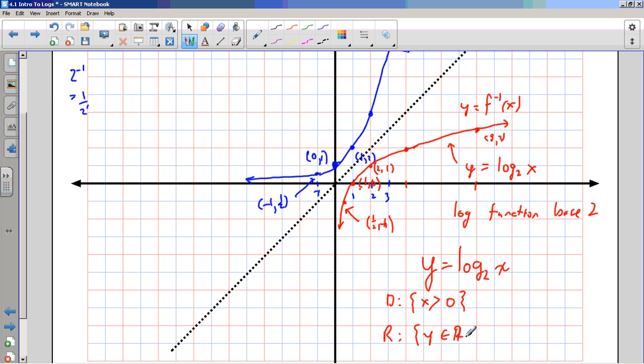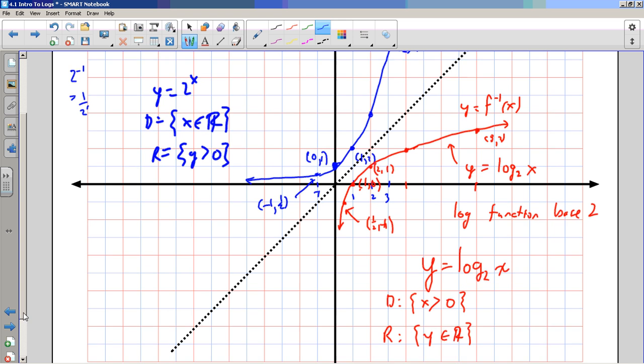It's all real numbers. Well, remember that the domain of this function was x is a member of the reals, and the range was y has to be greater than 0. And remember, the inverses change. The domain becomes the range and the range becomes the domain.